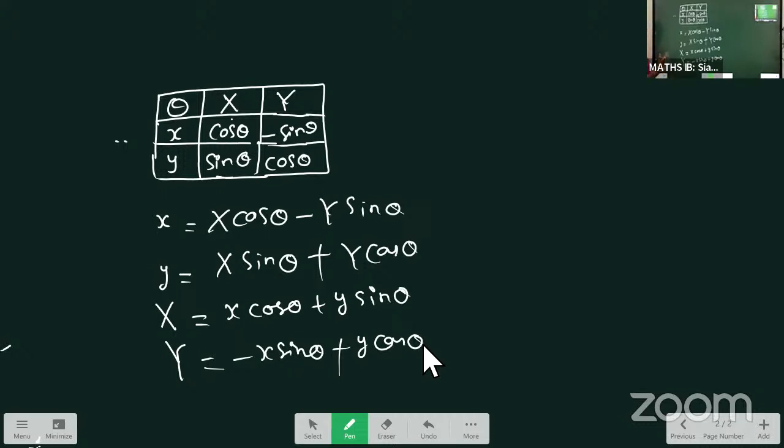Now, if questions are asked on this, how do you have to apply it? One question will be done with translation of axis, the other with rotation of axis. The question will be asked like this.